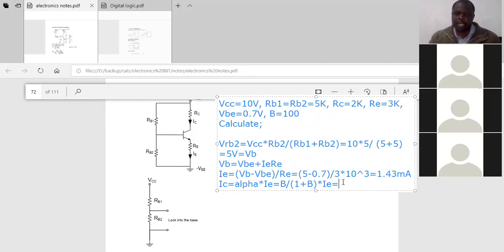And if you multiply, we know beta is 100, divided by 1 plus 100. And then we multiply the value that we have, 1.43 times 10 to the power of 3.